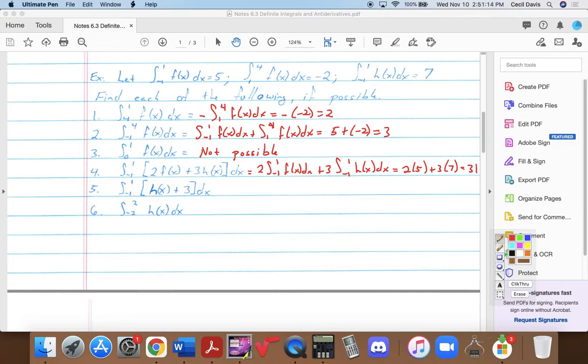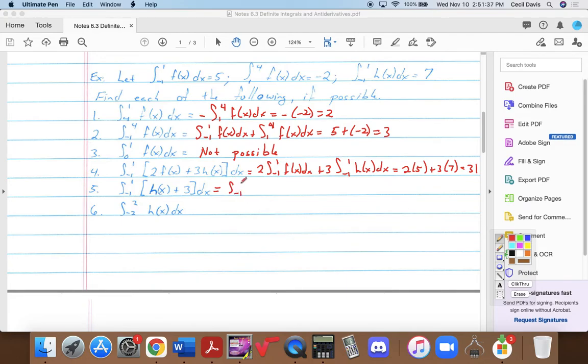Probably the most missed one, at least at first, is number 5. Like, okay, how hard can that be? Well, if you don't think about splitting it into two integrals, people make a mistake. I want you to guess what the mistake they make is.